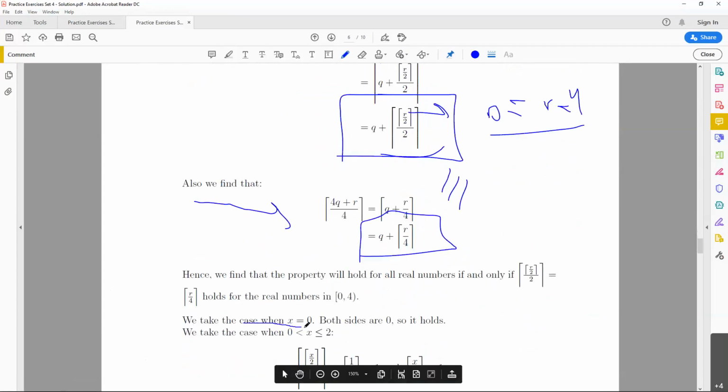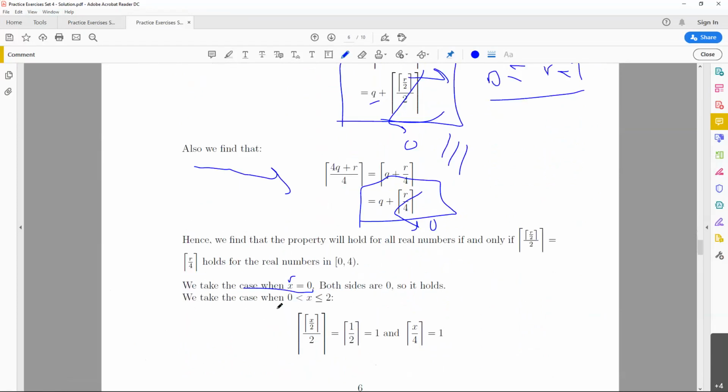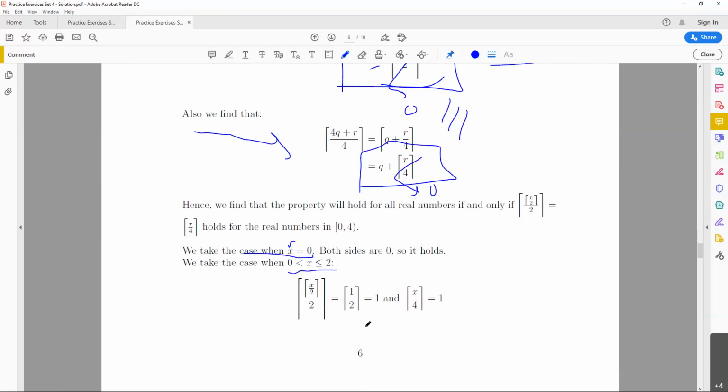Case when x or r or whatever is 0, it's true on both sides. It's just going to be q. All this is 0, goes away, q equals q. Now they're saying everything strictly greater than 0 and less than or equal to 2, it also works.